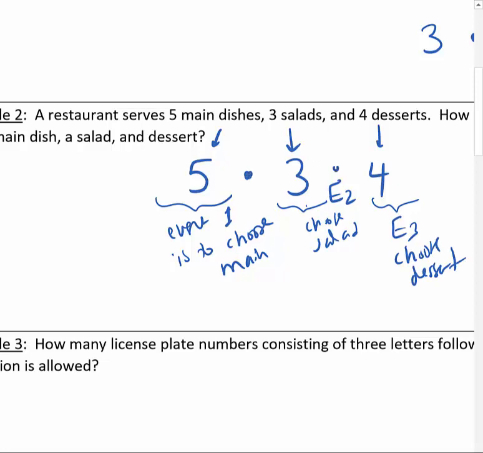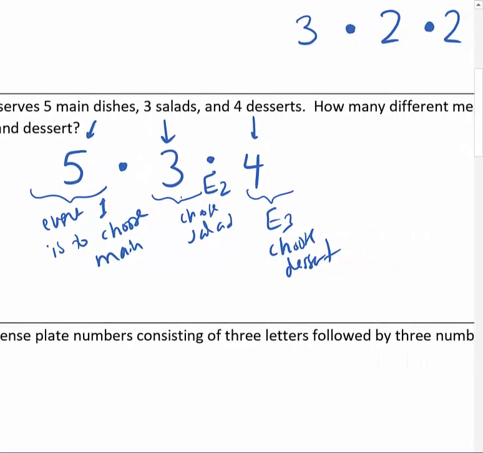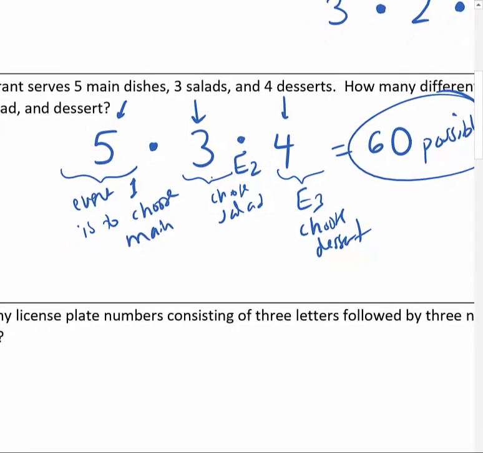Then the total number of possibilities would be the 3 multiplied together. 5 times 3 is 15, times 4 is 60. So there's 60 possible meals total. That's a lot for only having 5 main dishes, 3 salads, and 4 desserts.